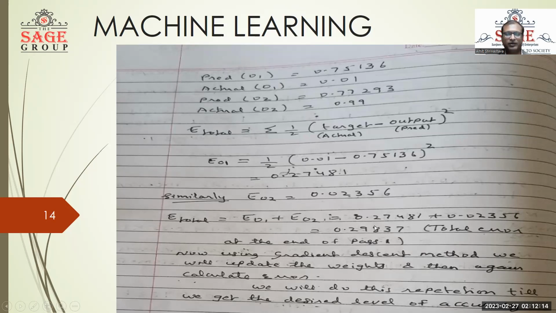The next time we calculate the error, it will definitely come out less than this, because we are applying the gradient descent principle, and its characteristic is that whatever parameter we pass to it, like the weights here that I want to update, it will make that parameter reach the global minima. So the weights will be updated in such a manner that it gives me lesser error in the next pass. So we have to repeat this until we get the desired level of accuracy.